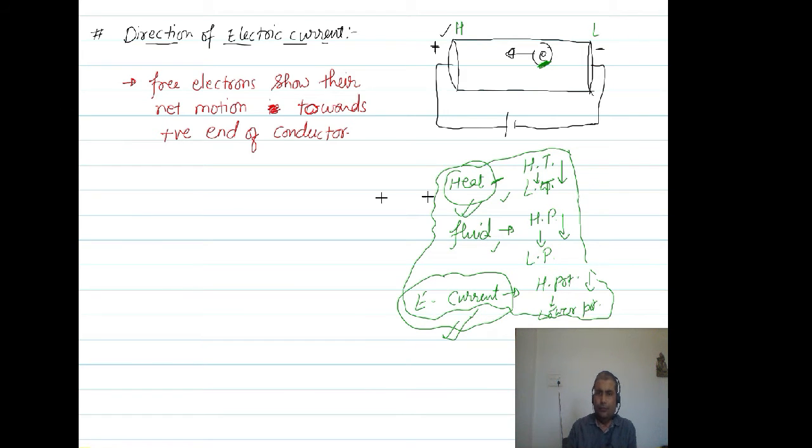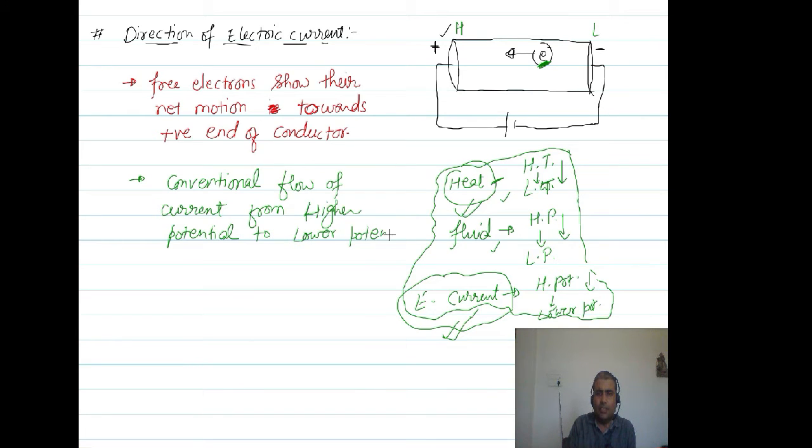So what do we do? We consider the conventional flow of current from lower potential, sorry, higher potential, yes, higher potential to lower potential.